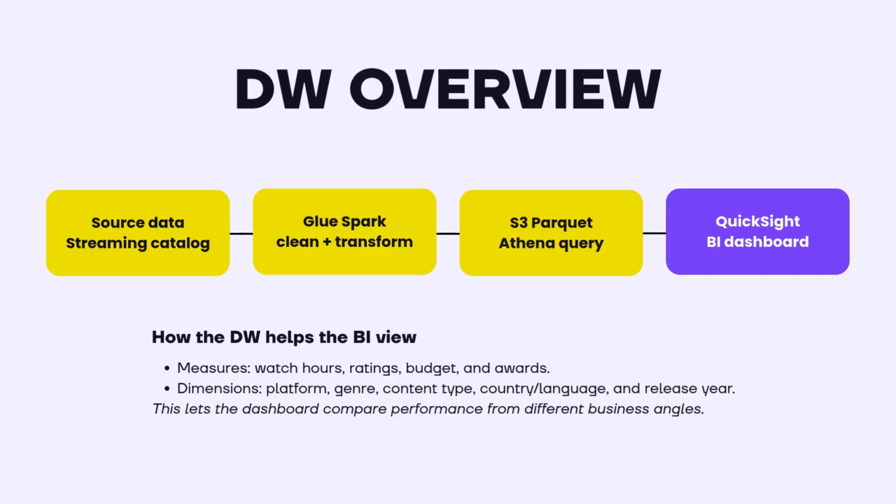For the analysis, the main measures include watch hours, rating, budget, and reward. The main dimensions include platform, genre, content type, country or language, and release year. This structure allows us to compare content performance from different business angles.